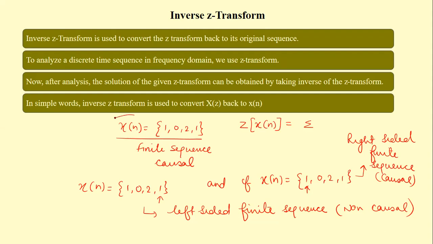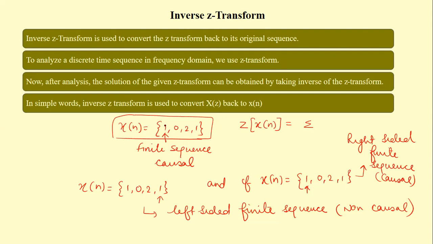Now, as you see here in this particular sequence, no arrow is given. So, do we consider this sequence a causal sequence or a non-causal sequence? As I have mentioned before, by default we will consider this as a causal sequence, and it is a right-sided sequence.